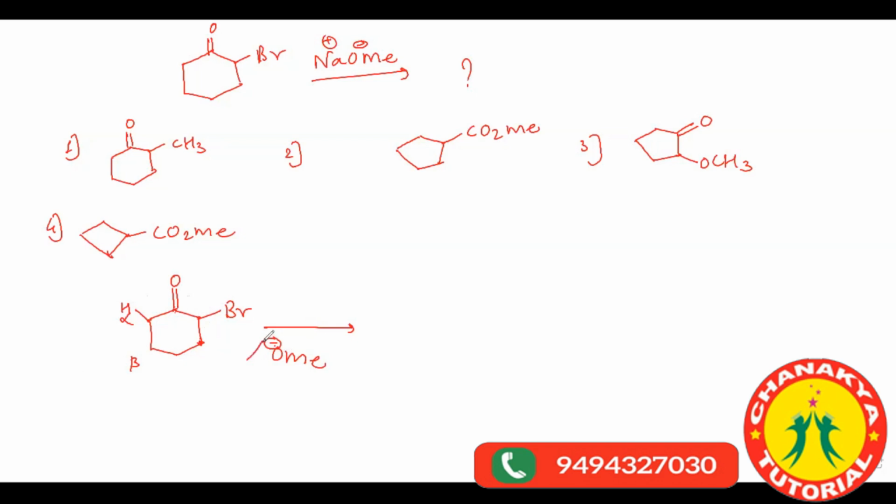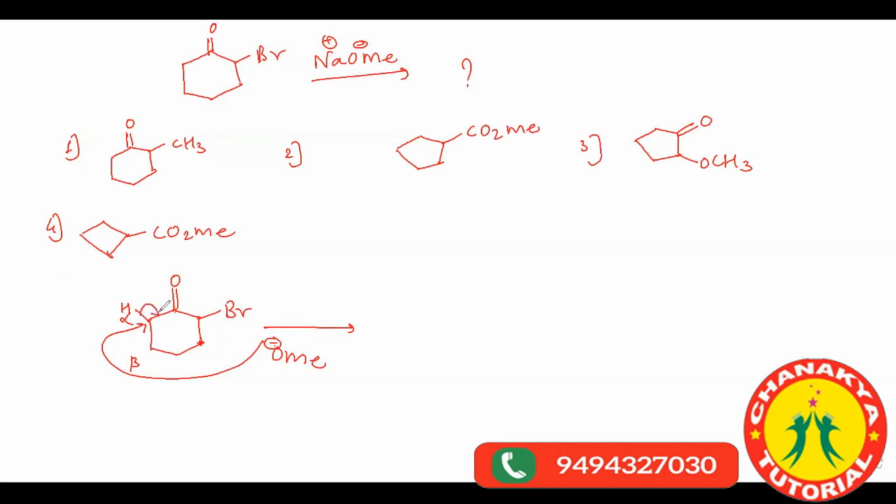This OMe will attack the alpha hydrogen. Why? Because oxygen also has a lone pair and bromine is negatively charged, so this negative OMe ion will not approach from the bromine side or from the oxygen side, isn't it? So it will attack the alpha hydrogen.